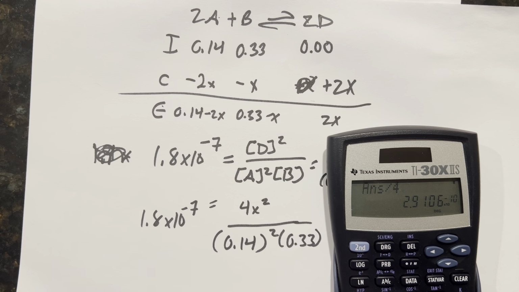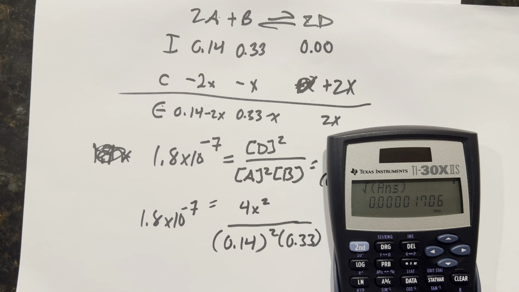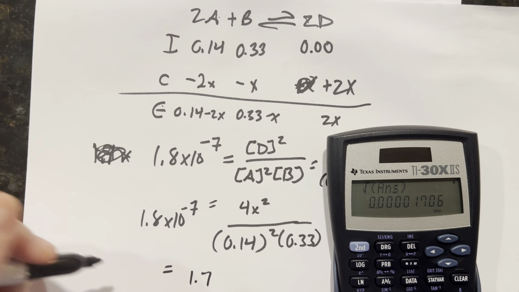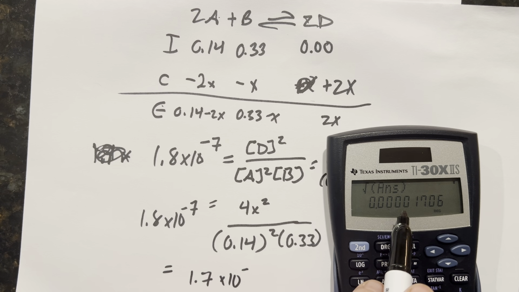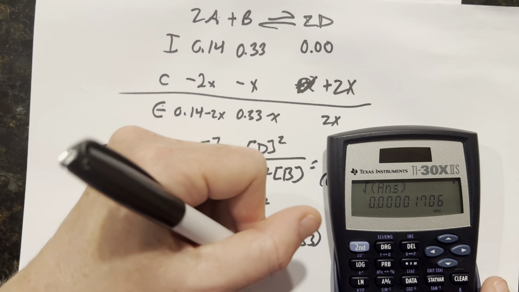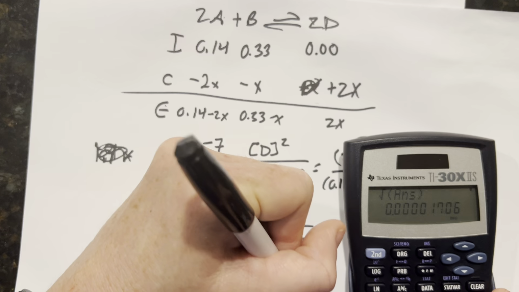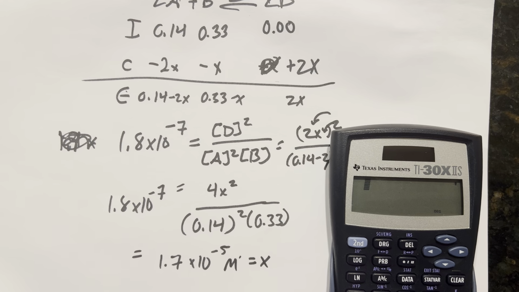And then now, last but not least, I have to take the square root. And I get 1.7 times 10 to the negative 5 mole per liter. And that equals x. All right, I'm gonna do it one more time in case you guys got something different.